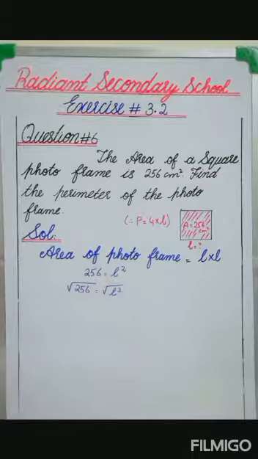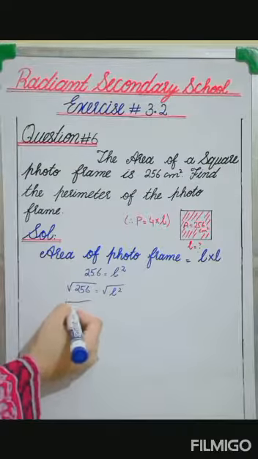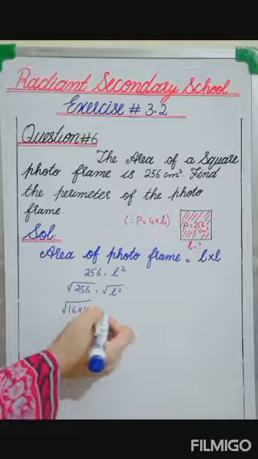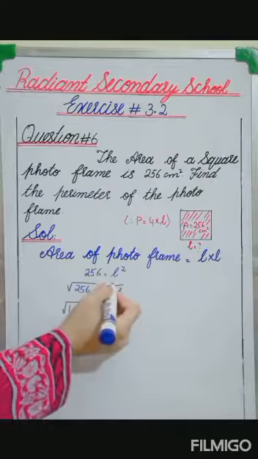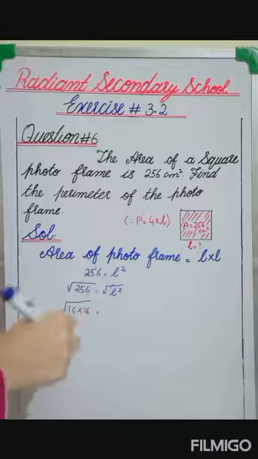Now what value when we multiply it by itself is equal to 256? Yes, it's 16. Because 16 multiply 16, then we get 256. And this square root sign will be cancelled because the value of square root sign is 1 by 2.